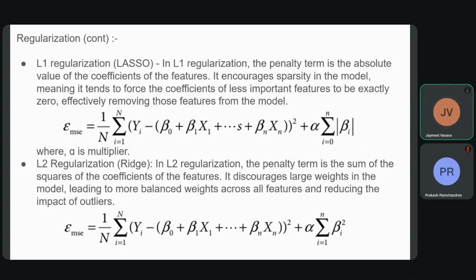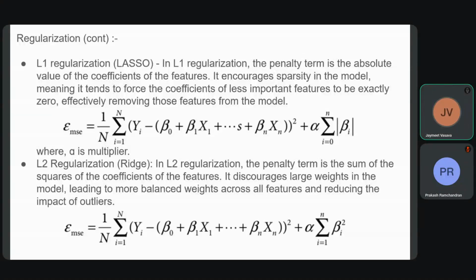Starting with Lasso or L1 regularization, the penalty term it uses is the absolute value of the coefficients of the features. It encourages sparsity in the model, meaning it tends to force the coefficients of less important features to be exactly zero, effectively removing features from the model.